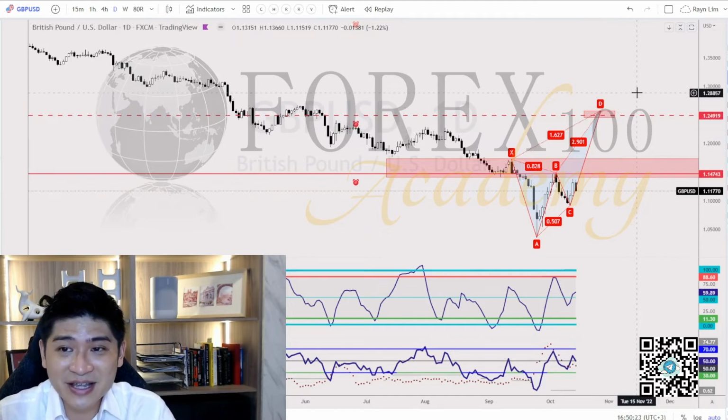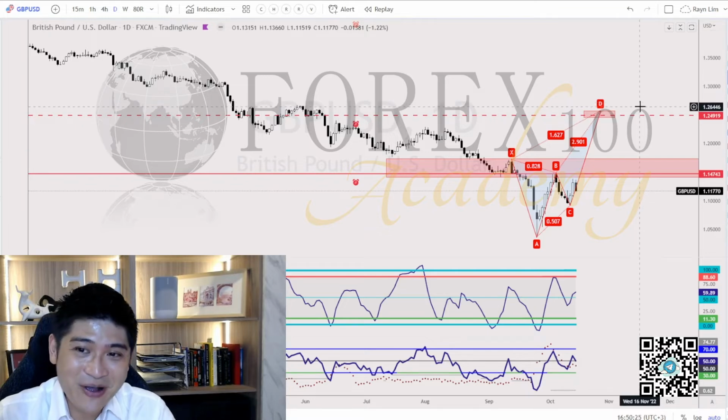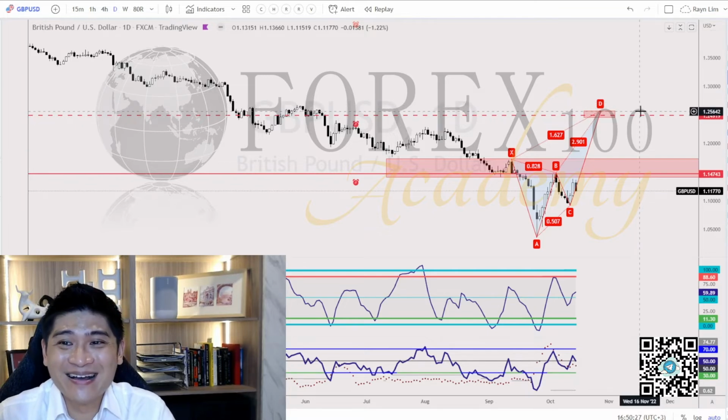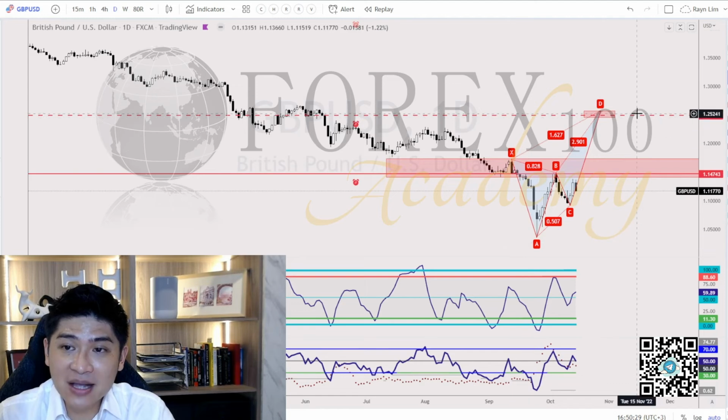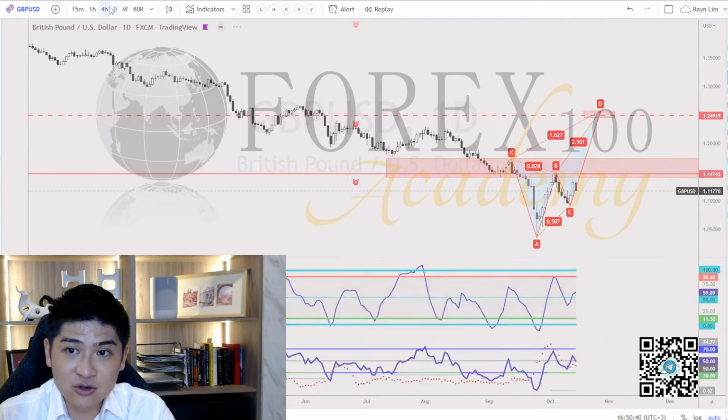Of course, she said no way she's going to do that. So please don't do that. A bearish butterfly pattern is only on for a shorting opportunity once the market has reached 1.2572 and you wait for candlestick confirmation. Without that, it's not a pattern you should be trading.